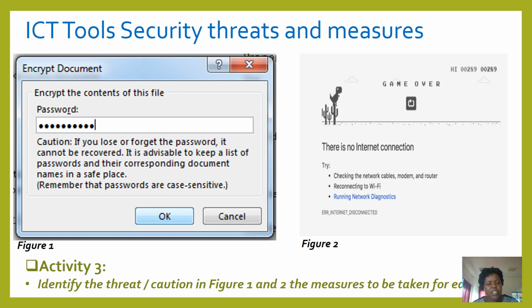Because for each caution that is given for the ICT security threats and measures or precautions, a caution is given and a measure is also given. So identify them in figure 1 and in figure 2. That is activity 3.